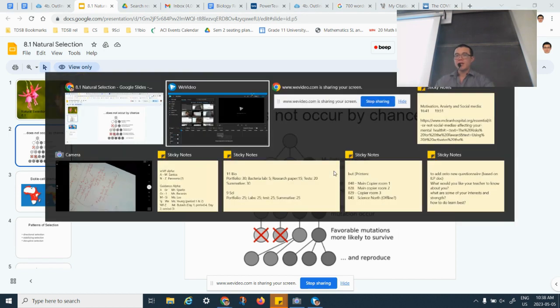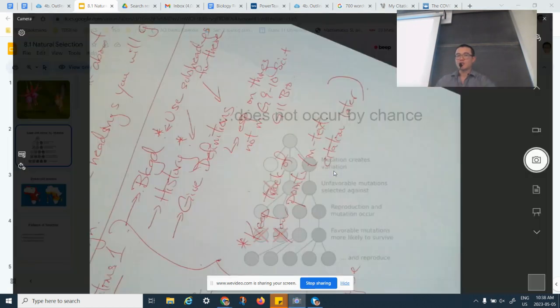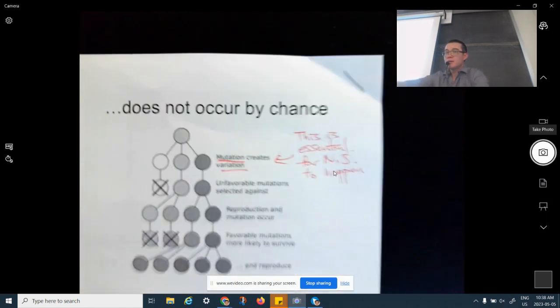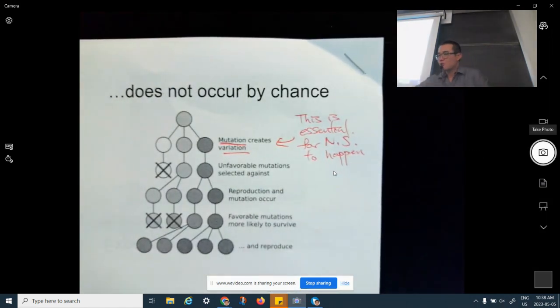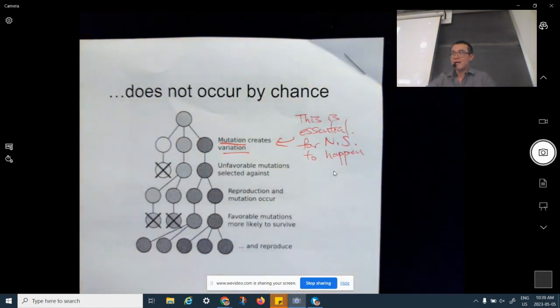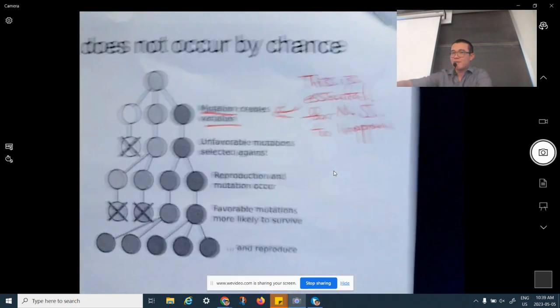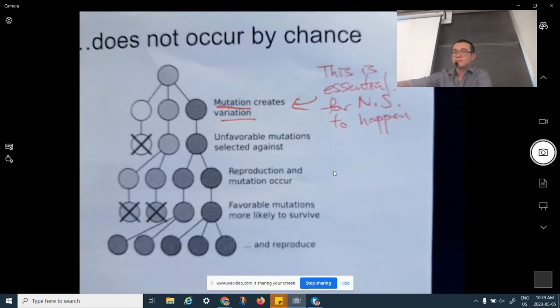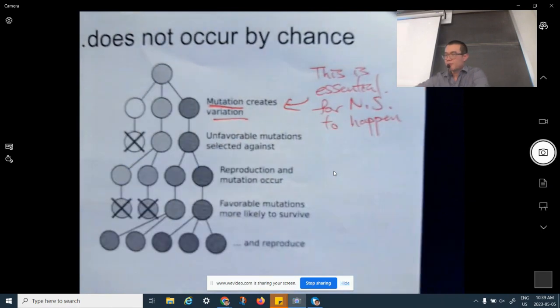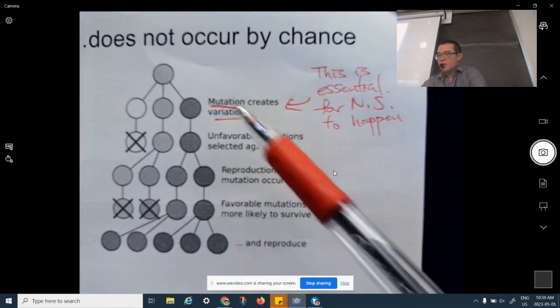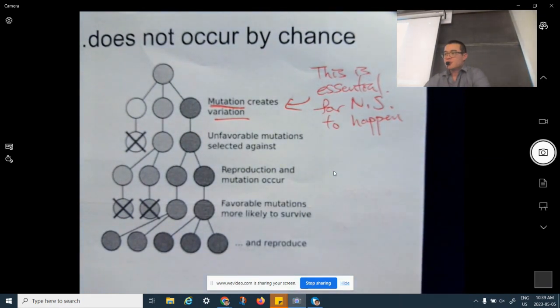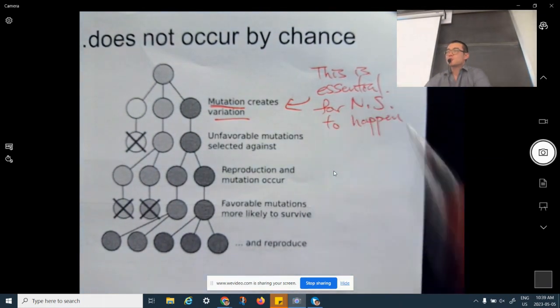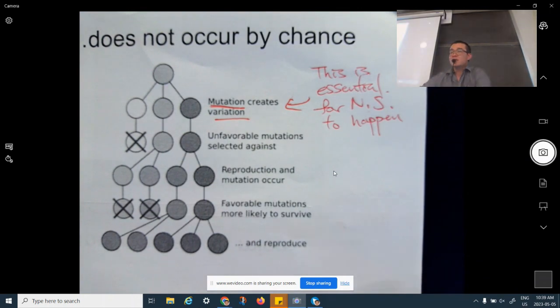If your entire population is uniformly the same, then you would not have natural selection because everyone's identical. So mutation as well as genetic variation is essential for, I just put NS, not Nova Scotia, NS to happen, natural selection.